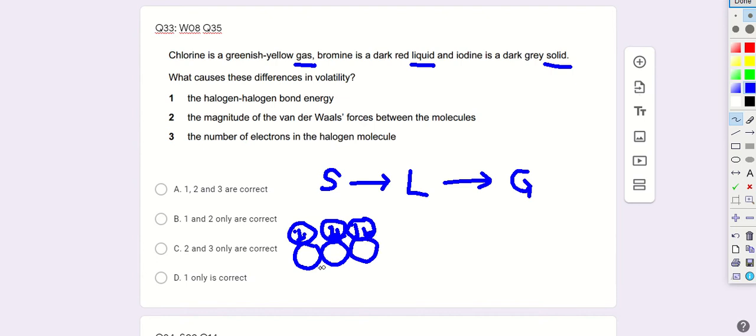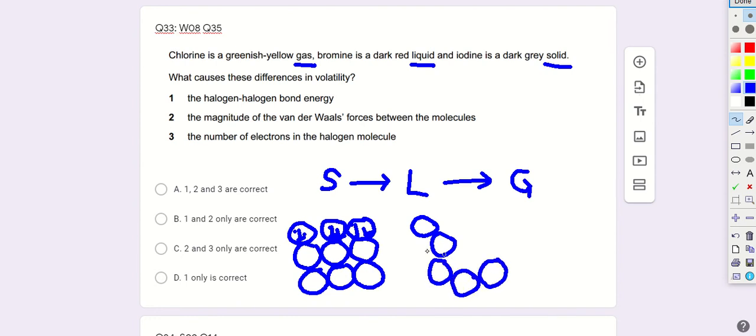In solid form, they are very close to each other, every molecule. Okay, turn into liquid, we are breaking the intermolecular forces between the molecules. So now they become more random. Some of them actually detach from each other.